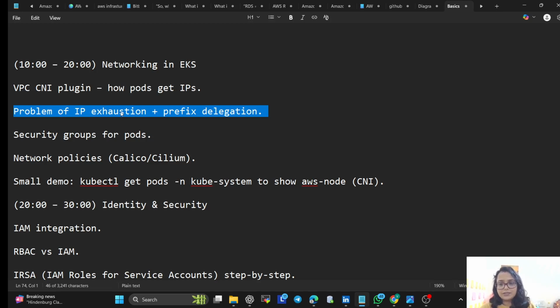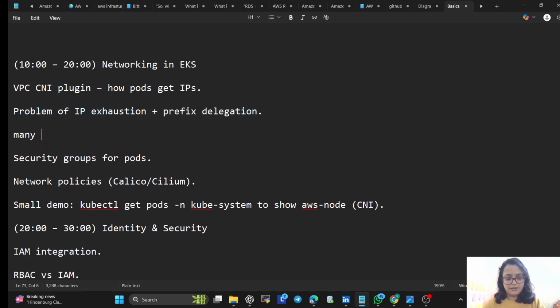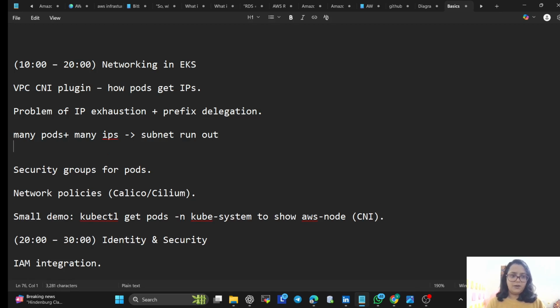If many pods are there, that equals many IPs, and that means the subnet runs out. Understood? This is the problem. Now, what is the solution for that? Prefix delegation. An ENI can allocate multiple prefixes, so more pods per node.